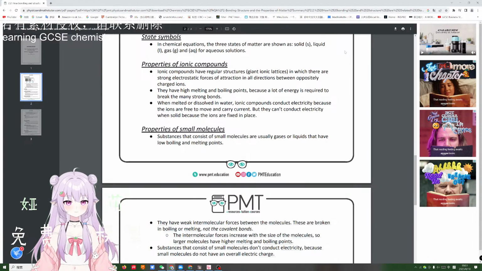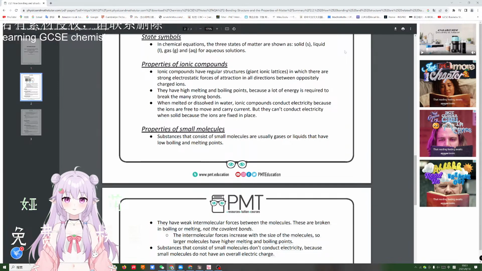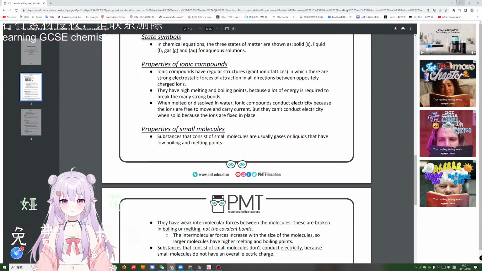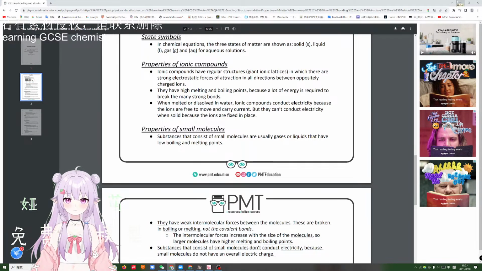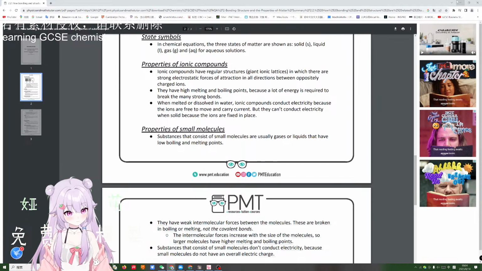Small molecules. They're usually gas or liquid. They have a low boiling and melting point.